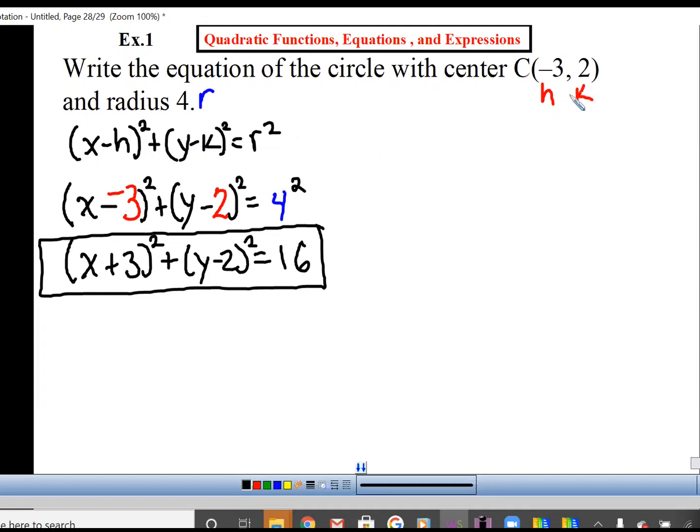We label our h and our k and our r. From there, we substitute those values into the original standard form equation, and then we simplify, and that's our equation for the circle. Show me with your fingers how you're doing with that so far. Yeah, 5, 5, 5. So basically it's just substituting and simplifying. Let's do another one.